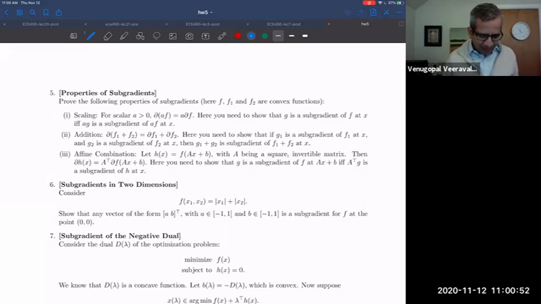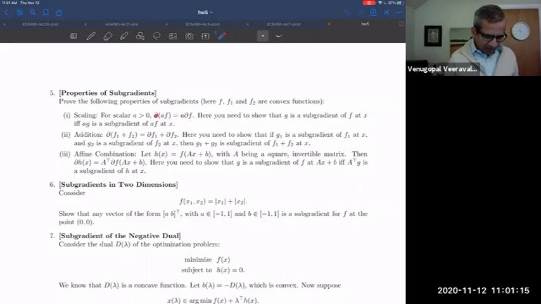It's better to make it clear exactly what you're trying to show rather than using the differential notation. Just talk about subgradients, and then it'll be easier. So I've rewritten all the problem statements so that it's clear what you need to show.